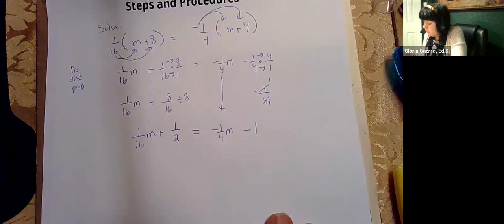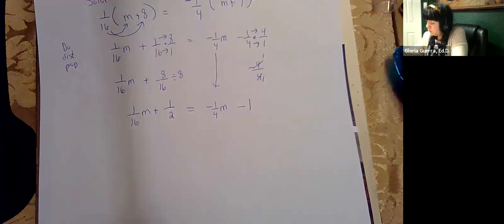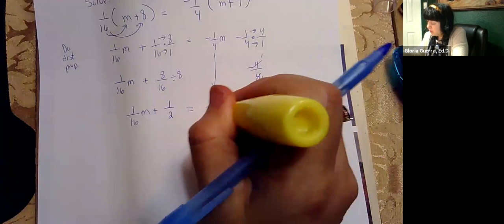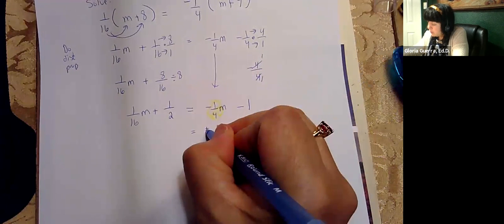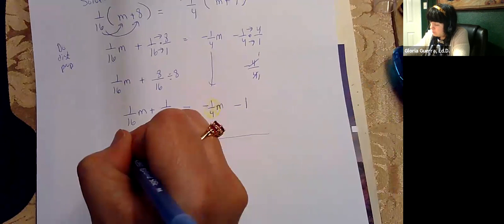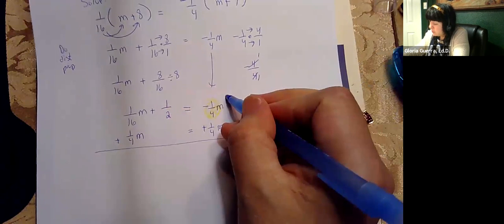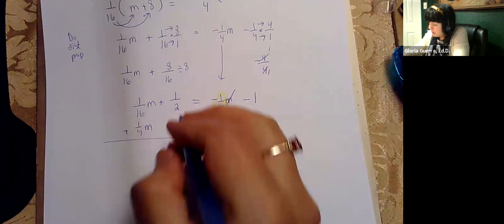Okay, so now I'm going to move this m to this side. So I'm going to add 1/4 m, plus 1/4 m, and this falls out. This is just equal to -1, and this is right here plus 1/2.